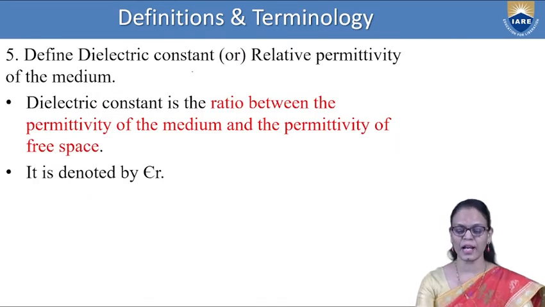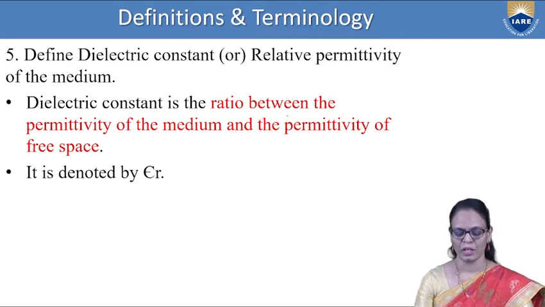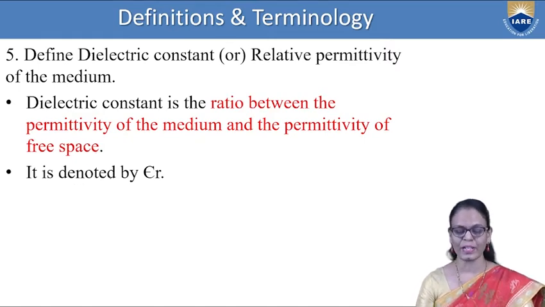Next, define dielectric constant or the relative permittivity of the medium. Dielectric constant is the ratio of the permittivity of the medium and the permittivity of free space. It is denoted by epsilon r, using the Greek letter epsilon with suffix r.